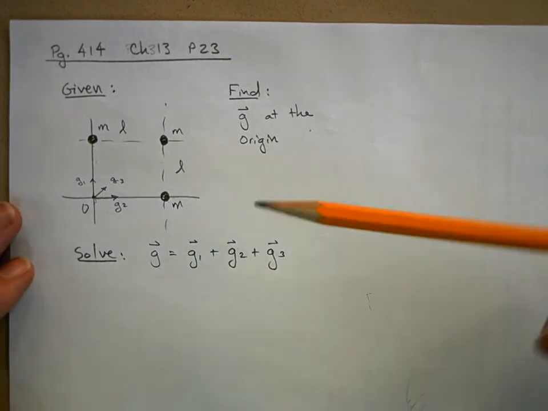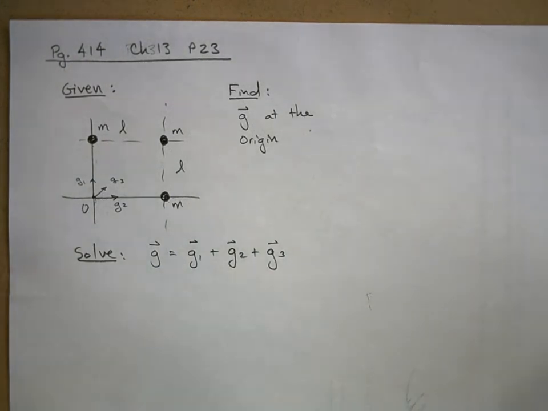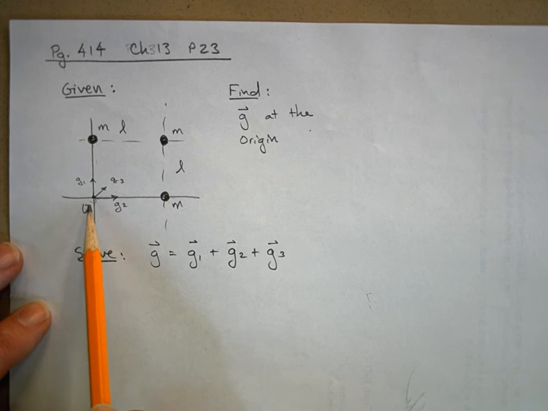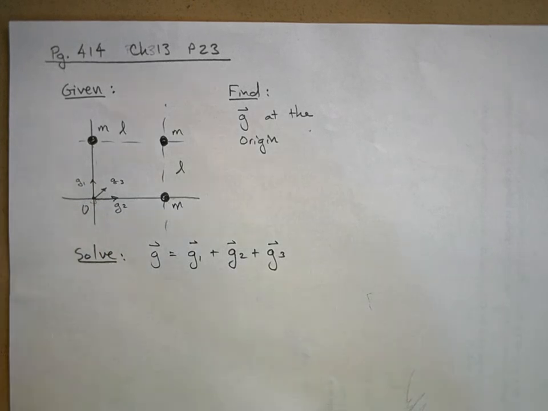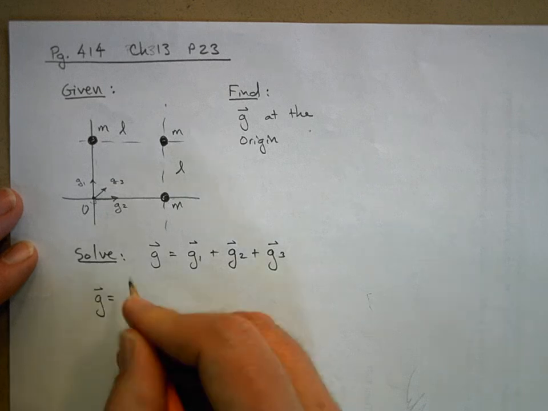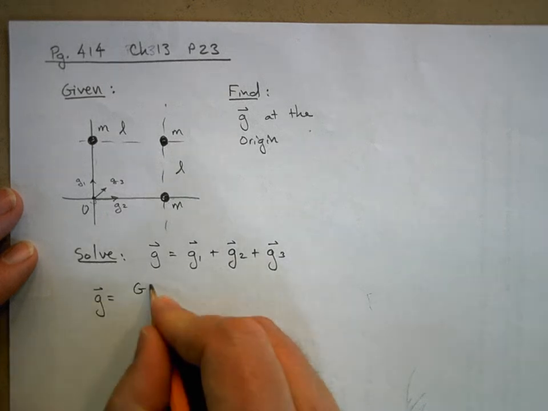Now, the gravitational field is how much force you would get per unit mass that you would put at this location in space. So it's force per unit mass, or force newtons per kilogram. And to figure out what G is, here's the equation for it.